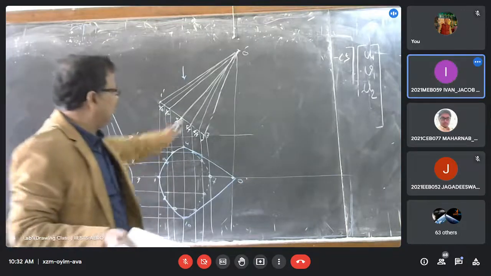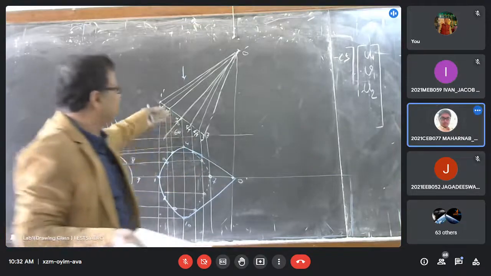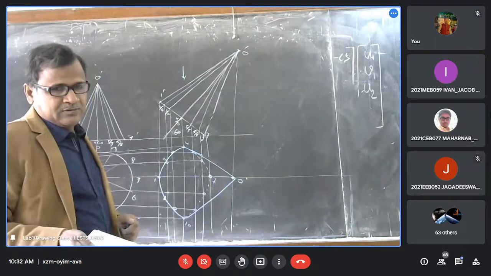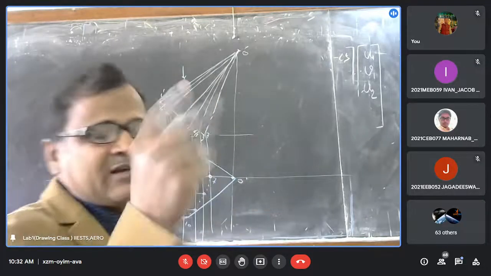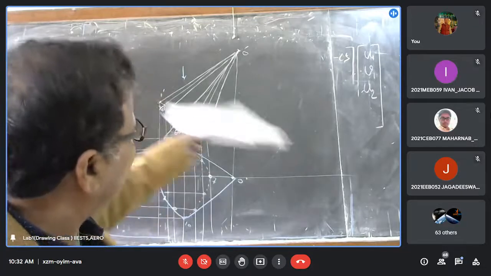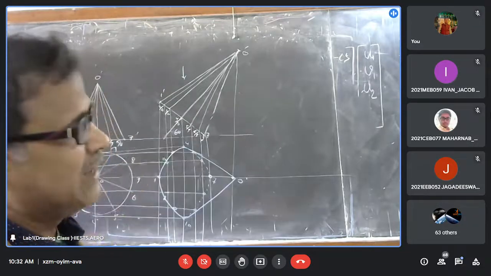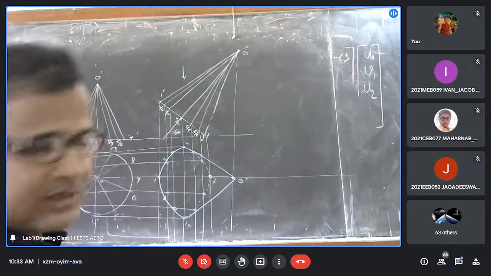Now this axis is parallel to the vertical plane. If we consider the axis just like a straight line, it is the straight line O dash O, which is parallel with the vertical plane and inclined with the horizontal plane.